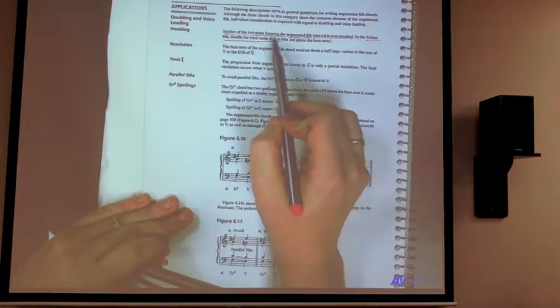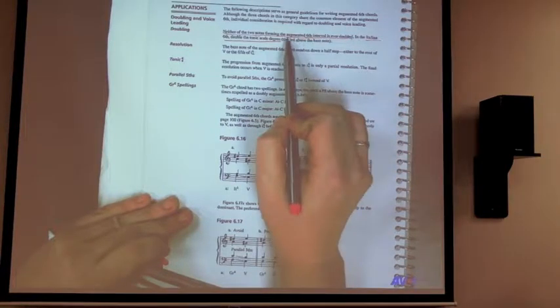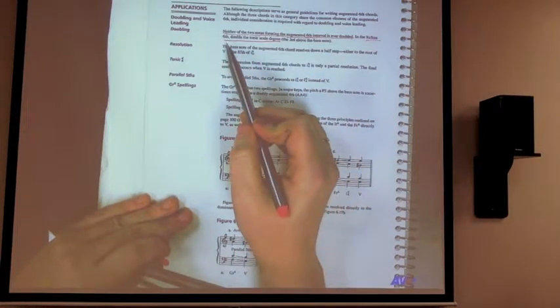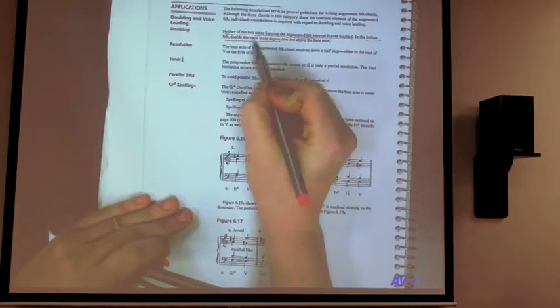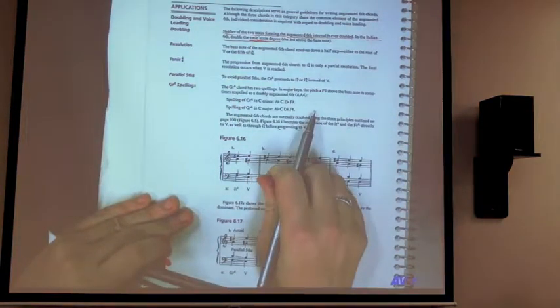What you don't want to do is double or triple any of the notes in the augmented sixth. So you're going to double the other notes. Now, the Italian is a triad, so you're going to double the tonic. Okay? Just double the tonic. Easy peasy. Cool?